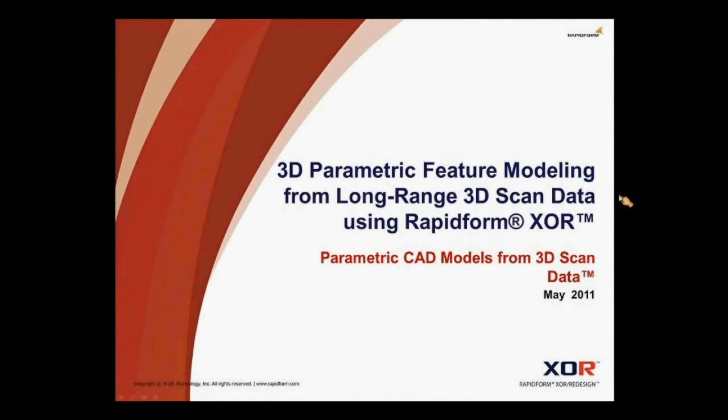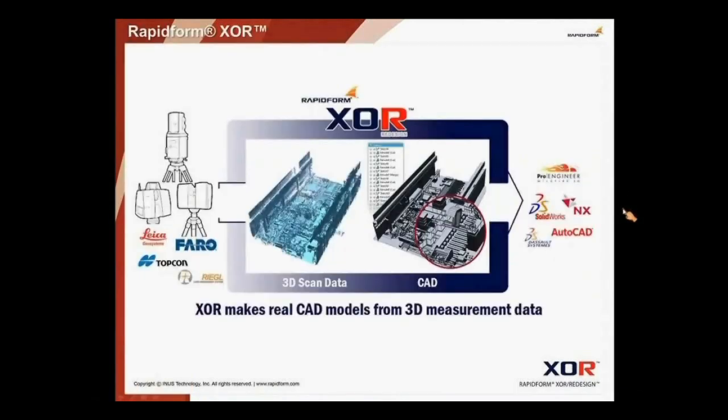Okay, first of all, let's have a look at the complete process. Normally we go from scanner and capture the scan data, and this is the FARO scanner we are handling today. Then we gather the design intent, or the features, from the 3D scan data using many sophisticated algorithms, and then we can create a parametric history tree.